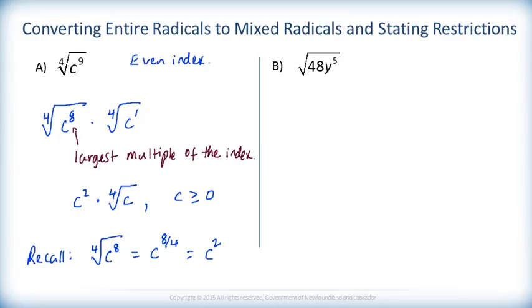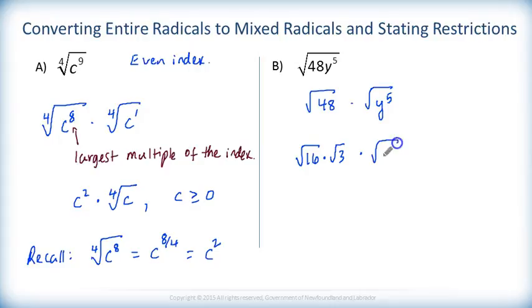Next one, the square root of 48y to the 5. I think of it like the square root of 48 times the square root of y to the 5. The largest perfect square factor of 48 is 16. So we have 16 times 3 for 48. And the largest multiple of the index, which is 2, that can come out of the 5 is 4.